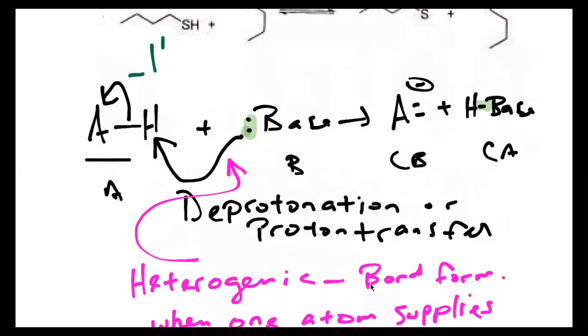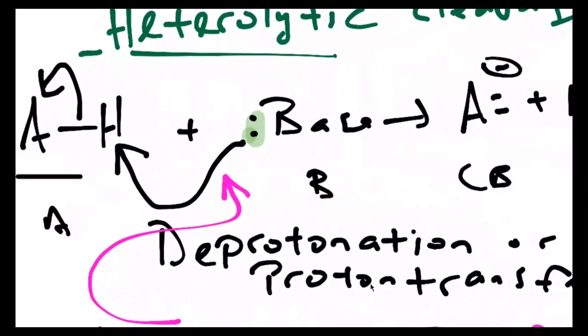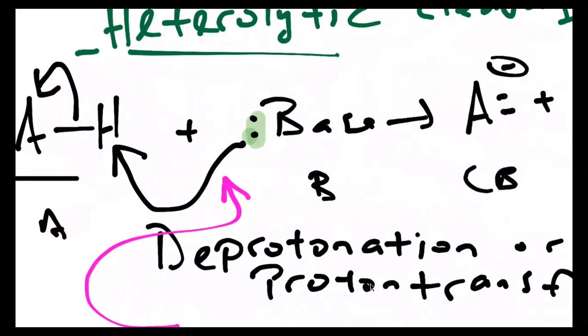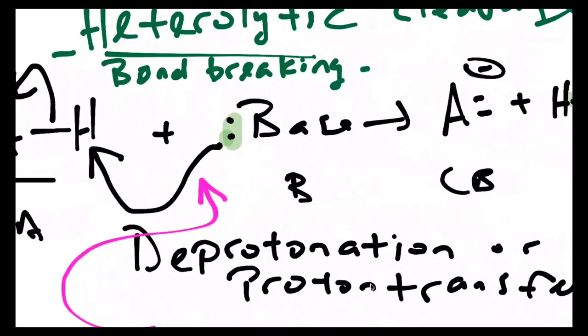That's what we call heterolytic cleavage. Let me zoom in so I can write this with enough room. So this is bond breaking, and then one atom takes both electrons.